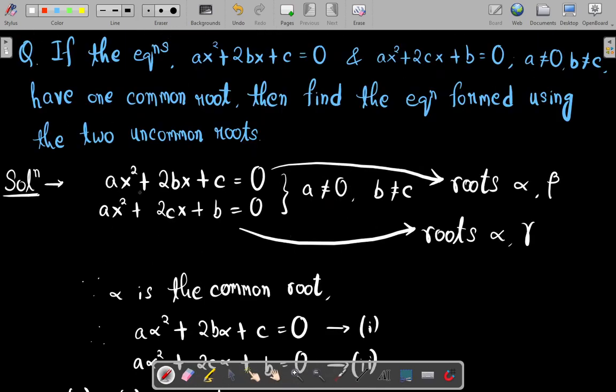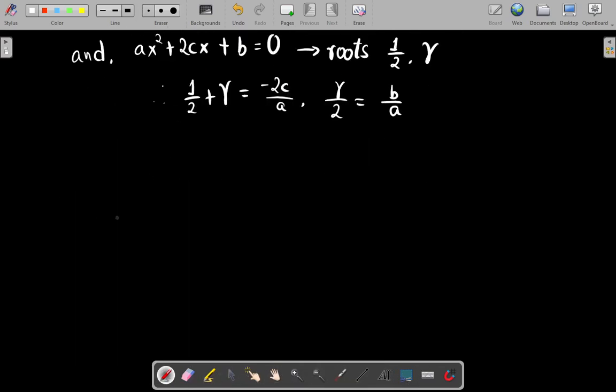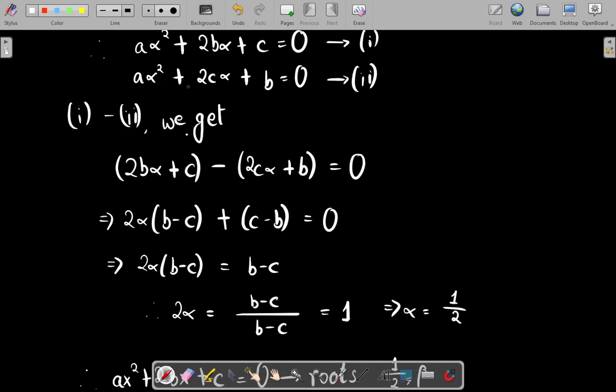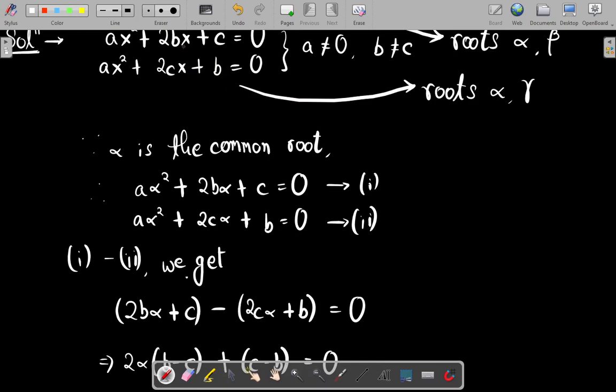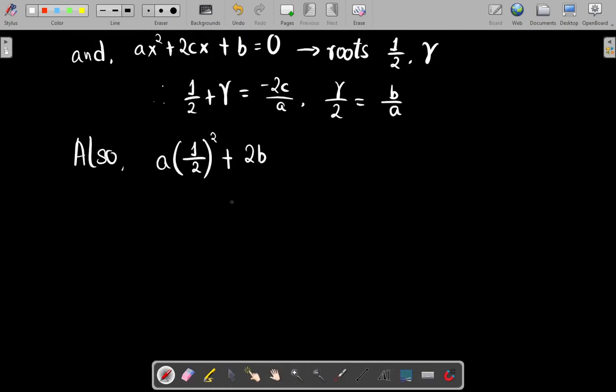Also, since half is a root, I can substitute half in place of x in the original equation. Let's say I'm using this first equation, ax square plus 2bx plus c equal to 0. So this will become a times half square plus 2b times half plus c equal to 0.